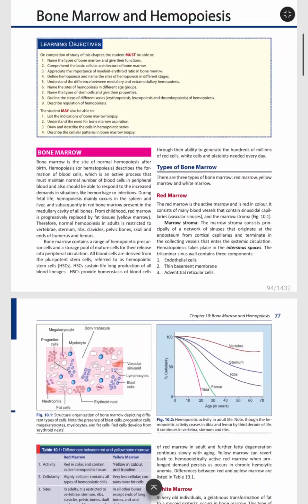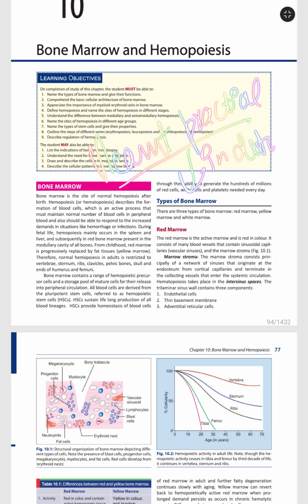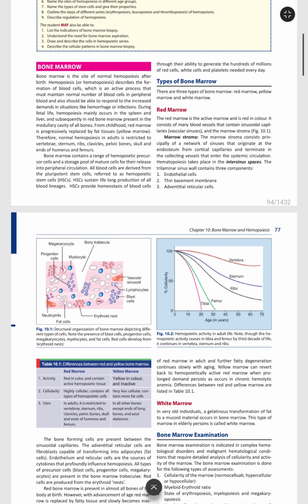This was our section, now bone marrow and hemopoiesis. For hematology practicals, we should know about these things in detail, or let's just say at least you should know an overview of them all. Now, types of bone marrow. There is red bone marrow.